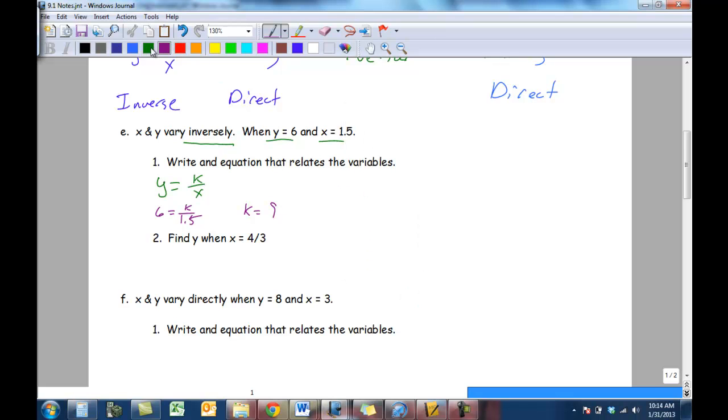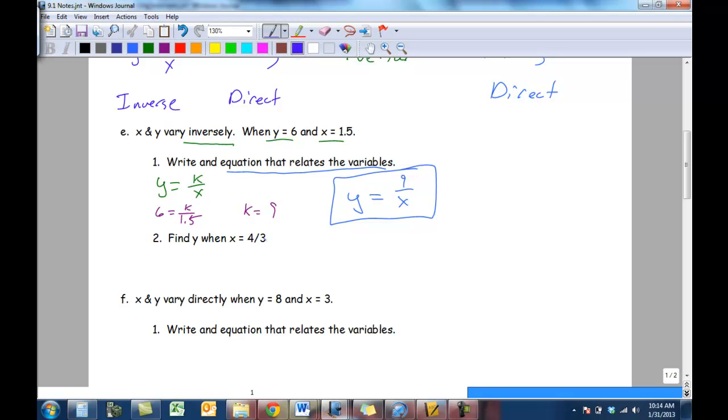So remember, I was always a big stickler about this. I want to see your model. Your model here would be y equals k, 9 divided by x. This is the equation that relates the variables, or our model. So once we got that, find y when x is equal to 4/3.